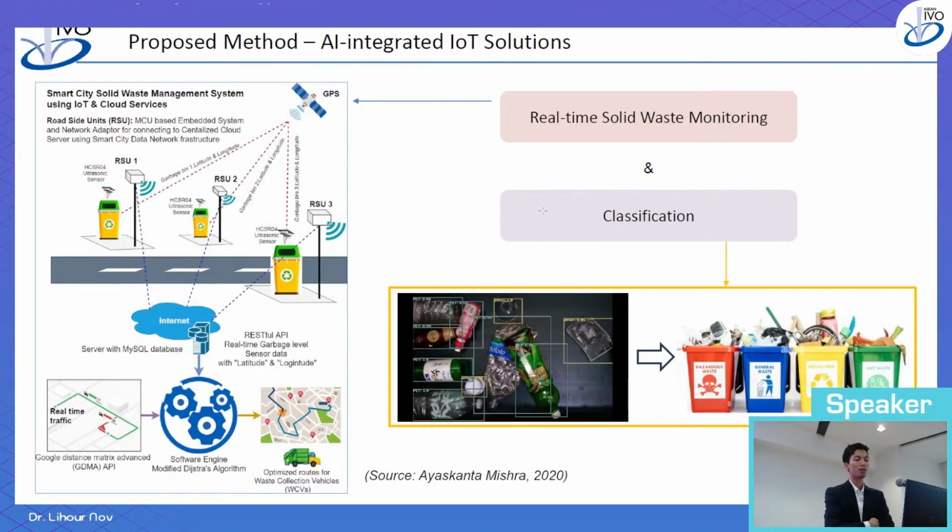Actually, there are several existing research papers on IoT-integrated waste monitoring systems, and we have done some research about that too. The approach used in the project is to enable real-time waste monitoring, which will involve the IoT system. The other task will be the classification, which will involve an AI or machine learning technique suitable for the problem.